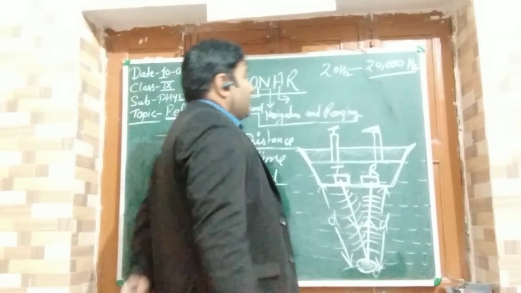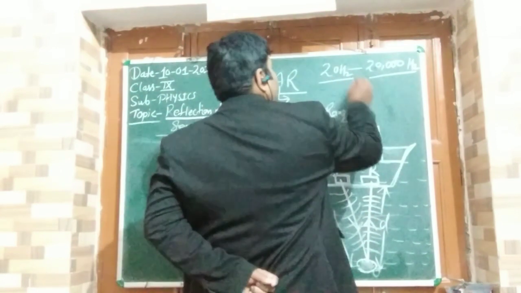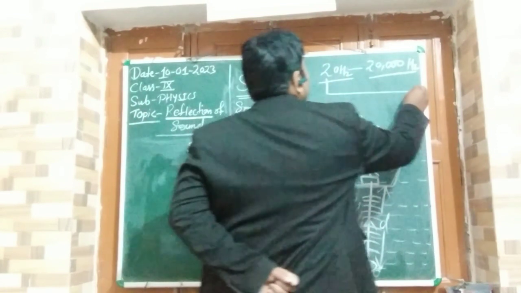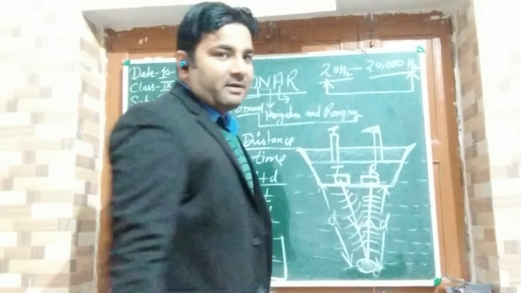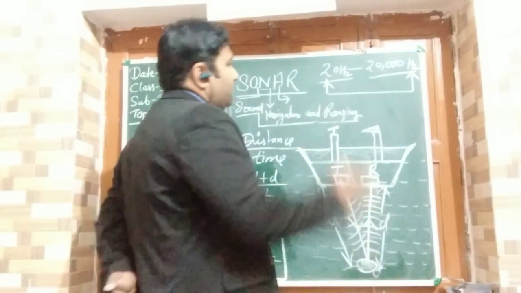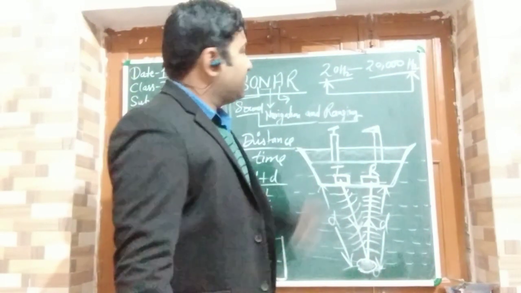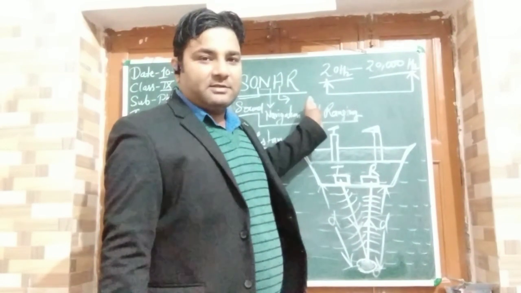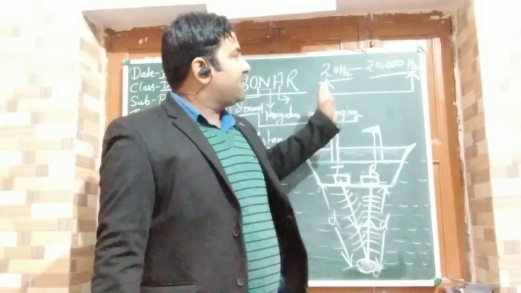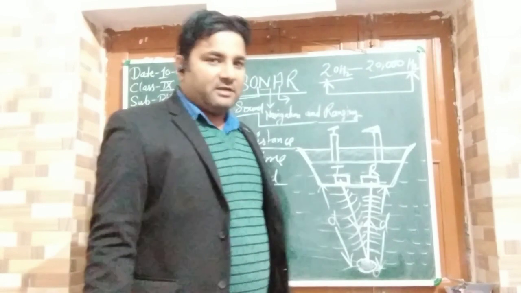So the range in between these two is the audible range, and beyond these two, on this side less than 20 Hz is infrasound, and above 20,000 is ultrasound.